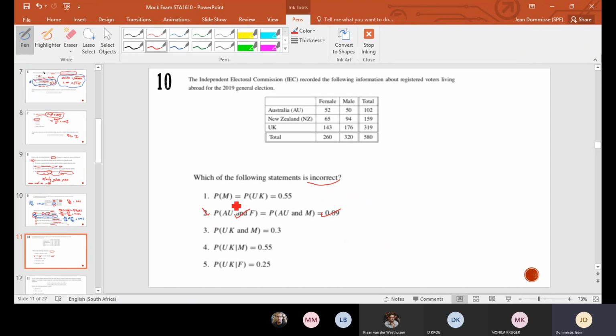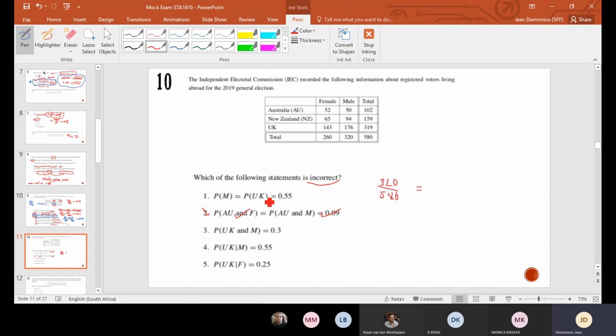Okay, so unfortunately, let's just start from the top and work down. What is the probability of male? That is basically 320 divided by 580. And that is equal to 0,55.